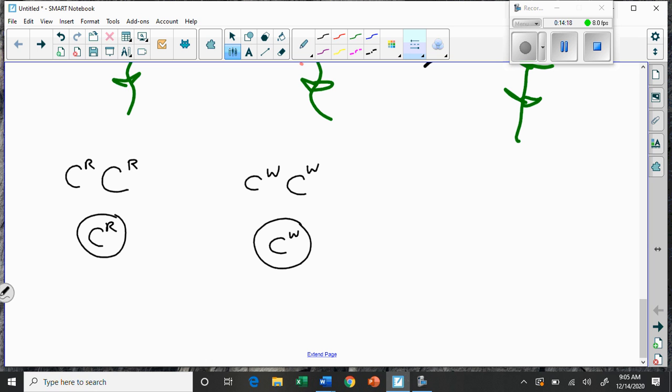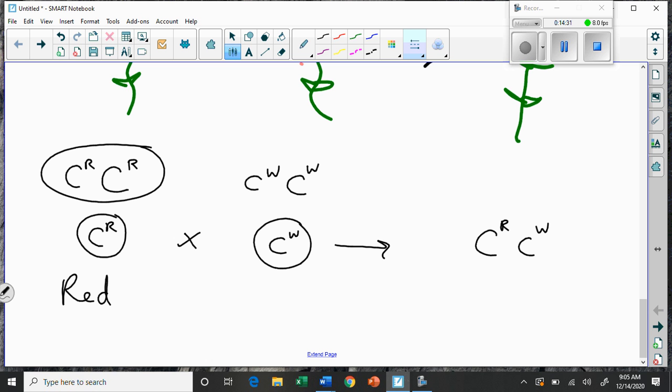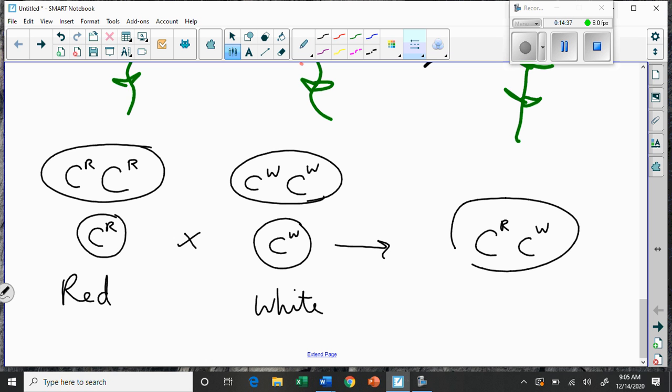Because if you had the mix, when you put these two together, you get a genotype of C^R C^W. So this would be a red phenotype flower, and that's the only way to get red. This would be a white phenotype flower, and that's the only way you can get white. And then this, when the two are mixed, is a mix of the two traits producing a phenotype that is pink.